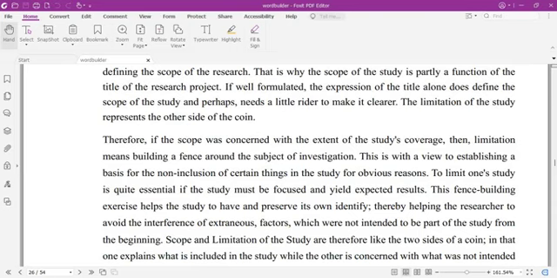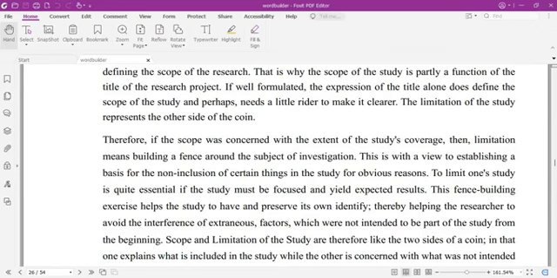So being focused is very important. The limitation assists you so that you don't have to start going into things that are really not necessary in your work. This fence building exercise helps the study to have and preserve its own identity.